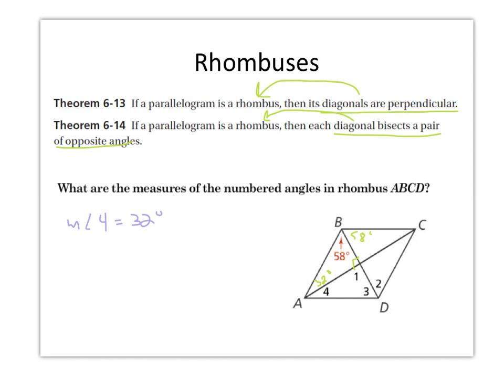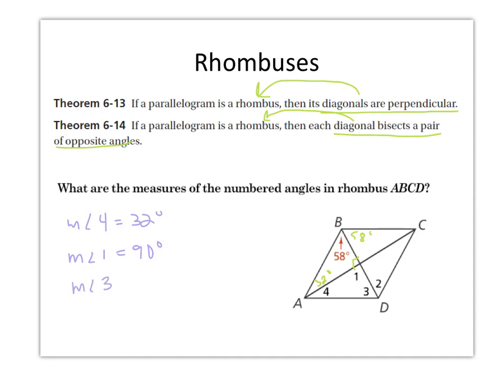All right, angle 1, since they're perpendicular, the measure of angle 1 is going to be 90 degrees. Now again, for angle 3, I can use this fact. I have a 90, I have a 32. Subtract those from 180 and get what the measure of that angle is. Well, coincidentally, it's what's across from it there.